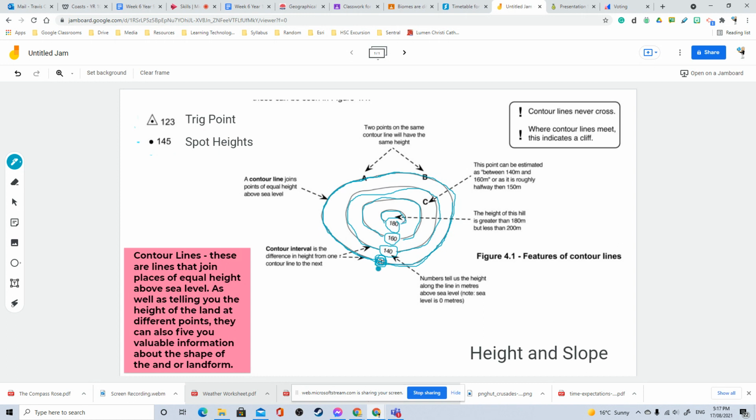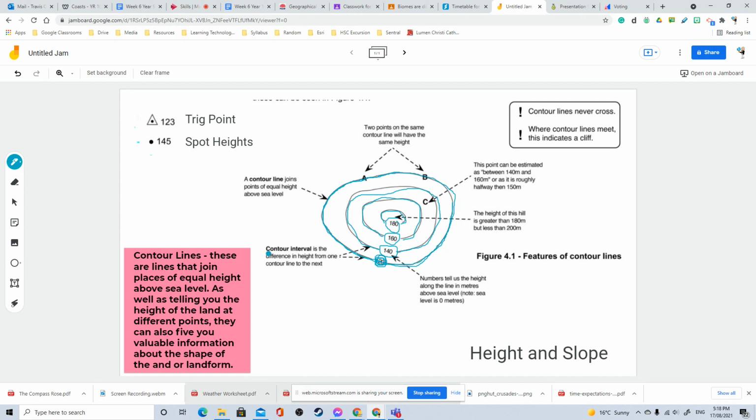So if we were walking in this direction, we go 120, 140, 160, 180. If we keep walking in that direction, we cross back below the 180 line, then across the 160 line, then across the 140 line, and finally the 120 line. So we've walked uphill, uphill, uphill, and then downhill, downhill, downhill. A contour line joins points of equal height above sea level. That's what they do.